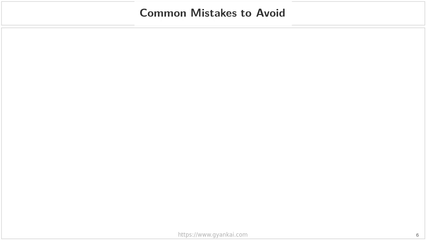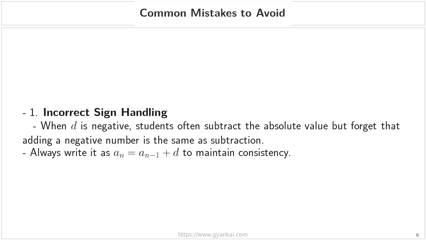Now, before we wrap up our lesson with the final summary, I want to pause and discuss some common pitfalls. Even when you understand the logic we discussed in the previous slides, it is very easy to make small errors that can change your entire sequence. First, let's talk about incorrect sign handling. As we saw in our second example with the negative difference, when the common difference, D, is a negative number, students often get confused with the arithmetic.